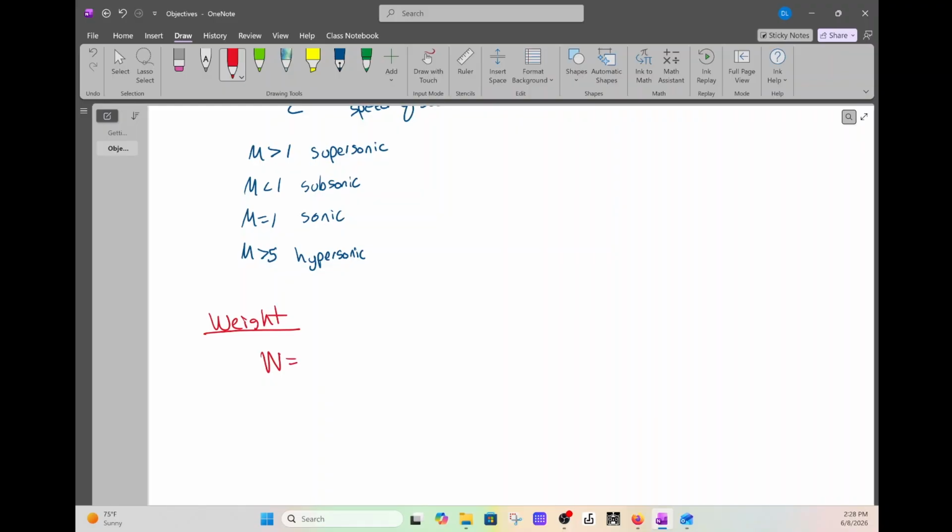So W, I like to call weight, which is your mass times gravity, which could be units of pounds or newtons. Okay, so when you step on the scale, that's your weight. If you divide it by acceleration due to gravity, you'd get your mass. And g is 9.81 meters per second squared, or it's 32.2 feet per second squared.